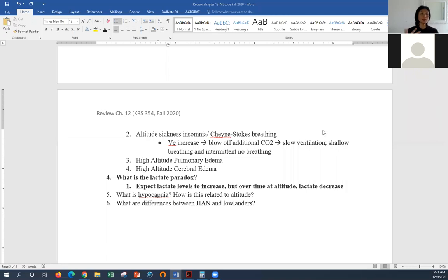So you have this intermittent hyperventilation, CO2 falls to a very low level. This is detected, so your CNS tells your respiratory muscles to stop, right? So that the CO2 levels can build up again. And so this is a period of breathing and non-breathing. This is the Cheyne-Stokes breathing, and this is related to altitude sickness and insomnia.